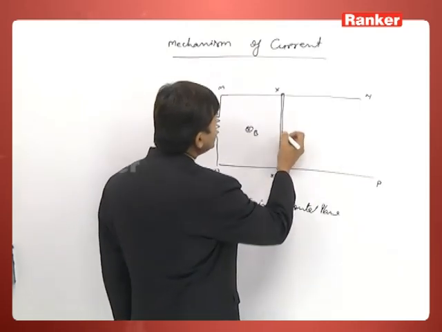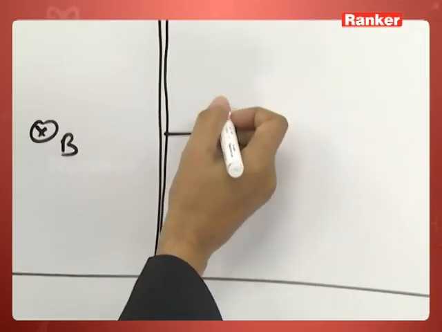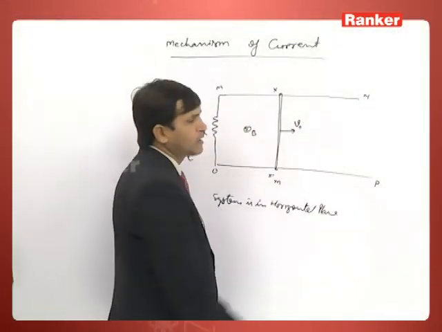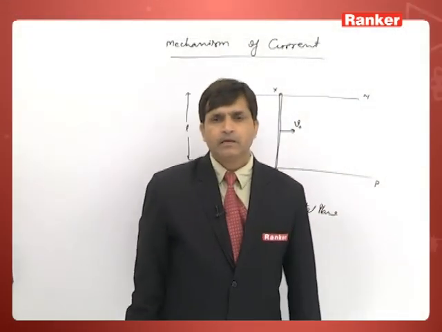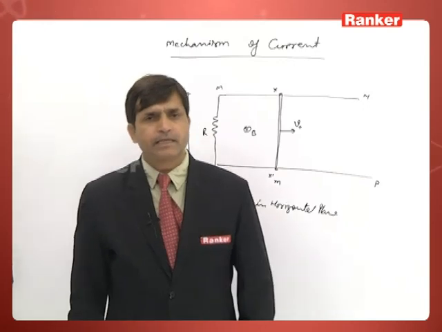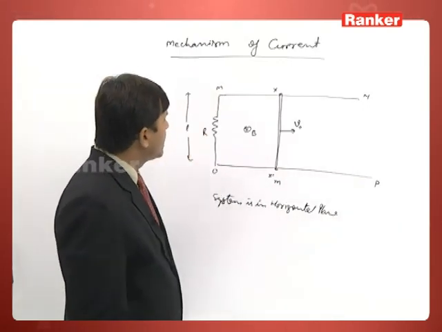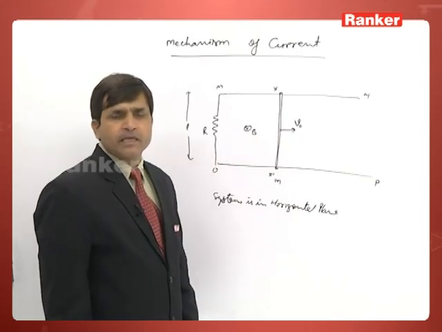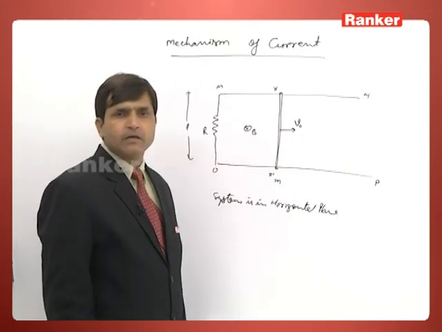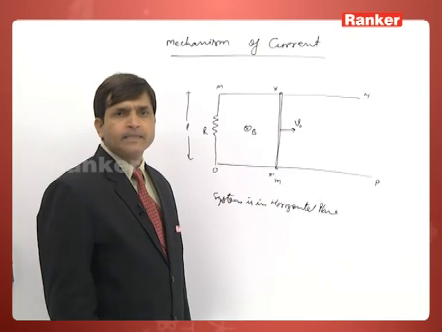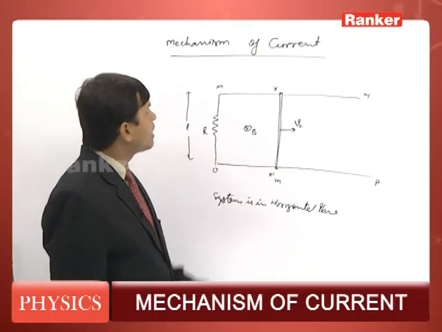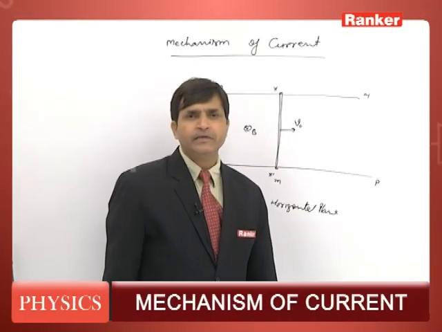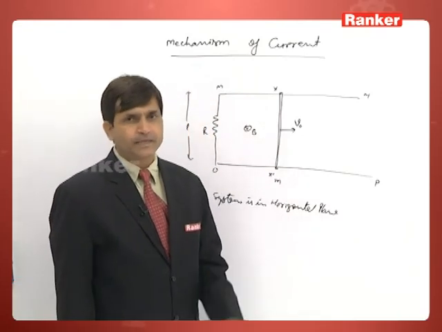At t equal to 0, the conductor is given a velocity v naught. We will check whether the velocity of the conductor remains constant, or decreases, or increases, or what will happen once we give a velocity to the conductor.